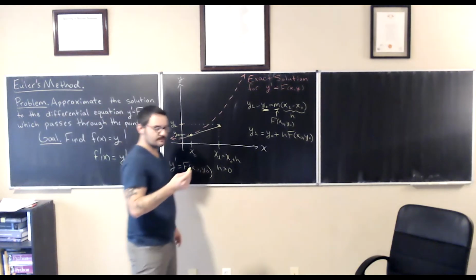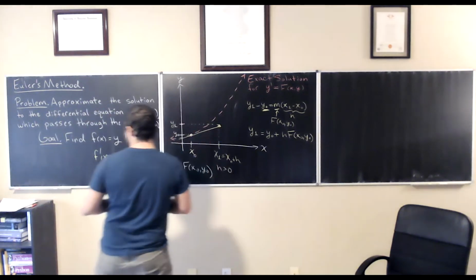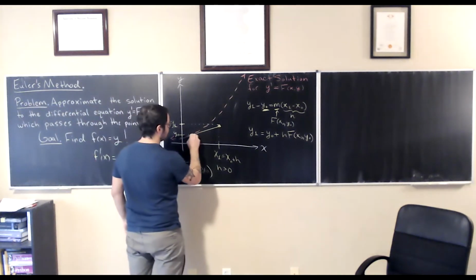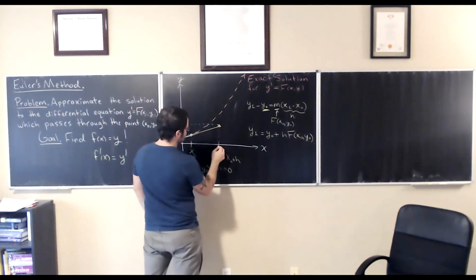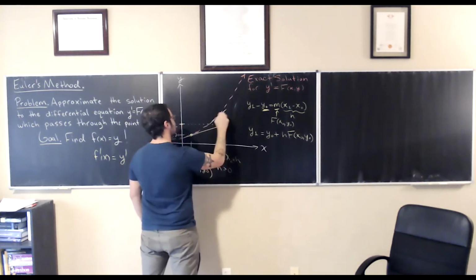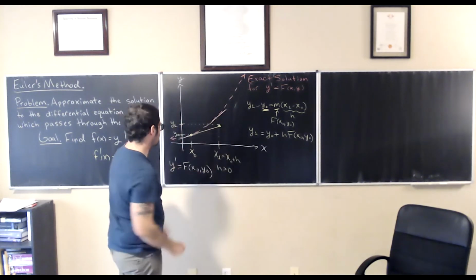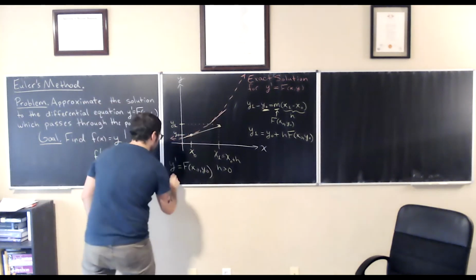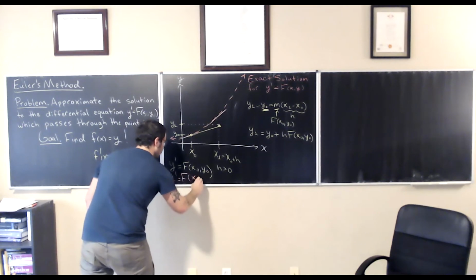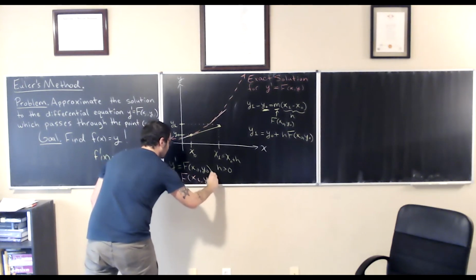But then we know that, so here we use this line to match the slope of the tangent line there. Here, we know the slope of the tangent line at that point: y prime is equal to f at x1 comma y1.